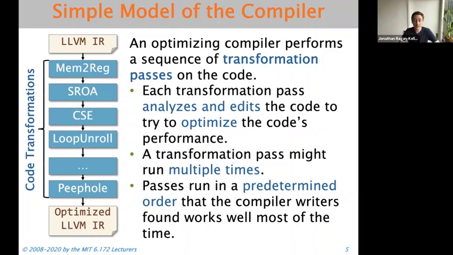There isn't necessarily a perfect order. Different code might be better optimized by different passes run in different orders. But the standard optimization levels that we use are an established order that the LLVM engineers have found tends to work pretty well most of the time on most programs.